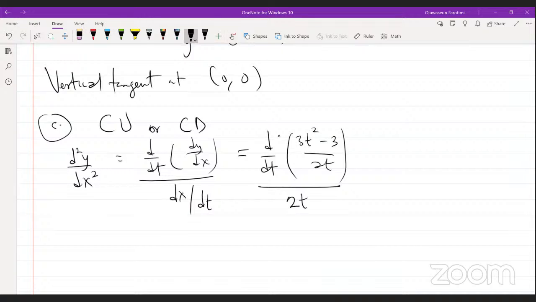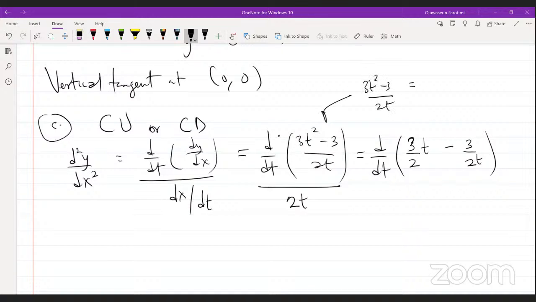Since it's not so complicated, I can simplify this: it's 3t squared over 2t minus 3 over 2t. What did I do, guys? No big deal. t takes off t.